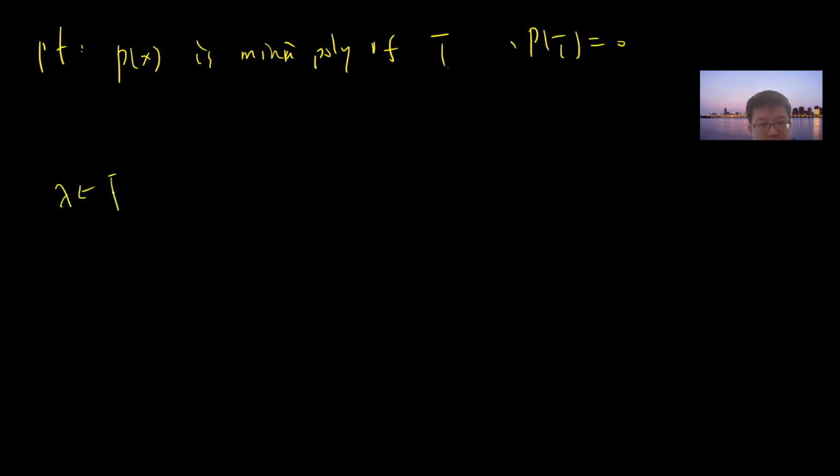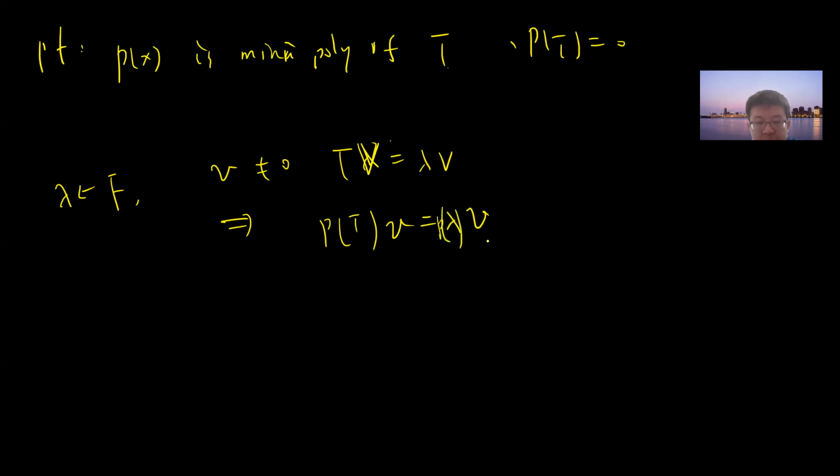And we know lambda belongs to field F, so there is a non-zero v such that T v is lambda v, right? From the previous result, p(T)v is also p(lambda) v, right? But it's 0. But v is a vector and p(lambda) is a constant, so p(lambda) is 0.